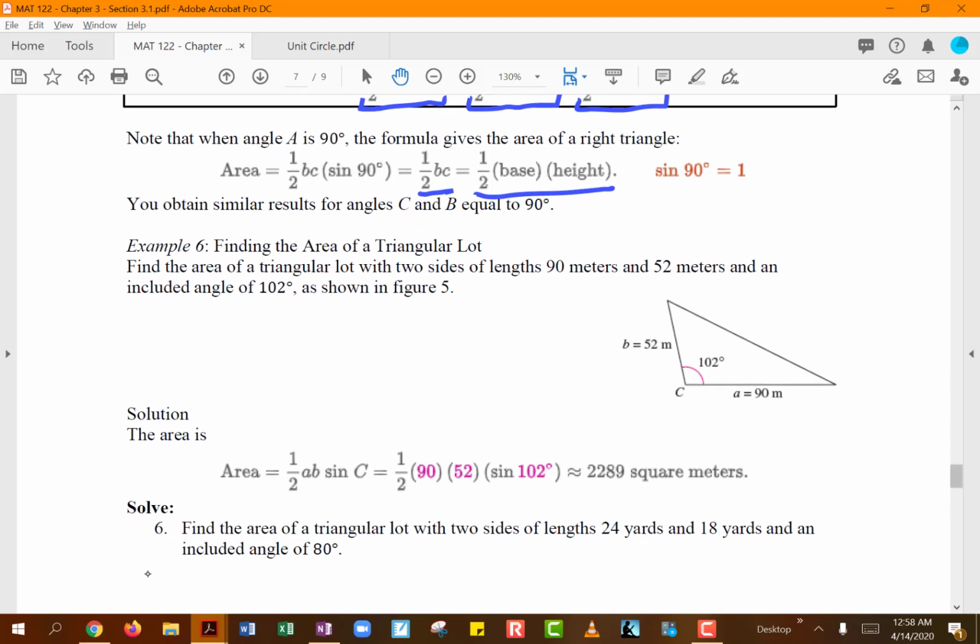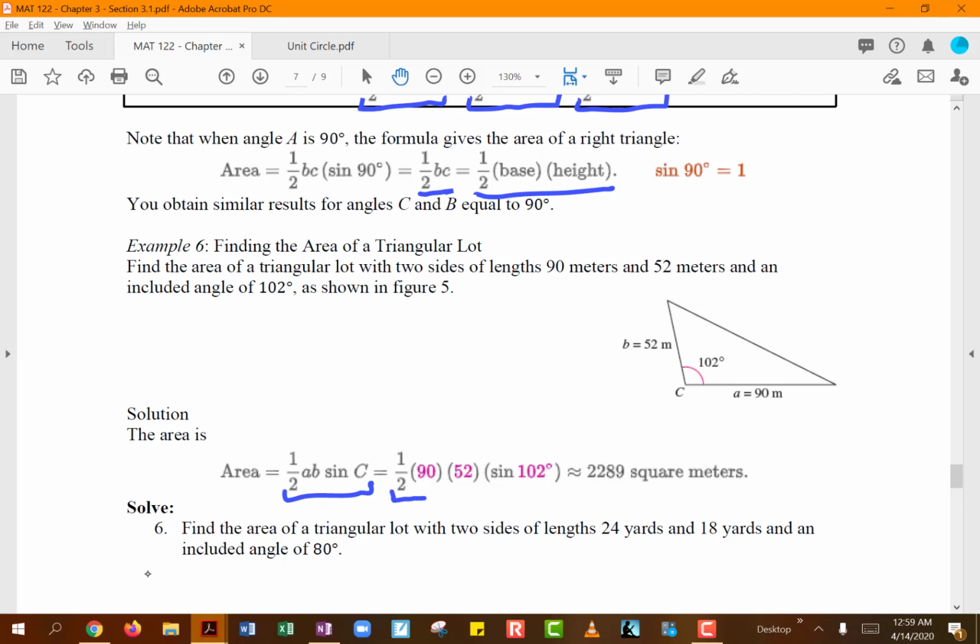So we're given this triangle over here, which has two of the lengths given to us as 90 meters and 52 meters. And the angle that's included between them is 102 degrees. So we're using 1/2 A times B multiplied by sine of C. So sides A and B are 90 meters and 52 meters.